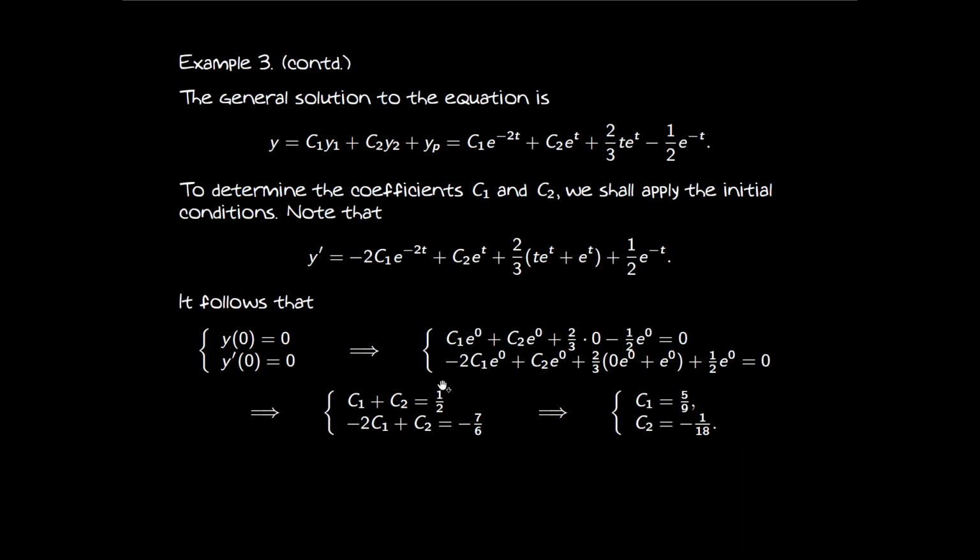So that's pretty much 3/6 plus 7/6, which is 10/6, right? And 10/6 divided by 3, you simplify, you can get 5 over 9. And then you can plug C1 into either equation, for example, the first equation, and then you can get C2 is going to be negative 1 over 18.